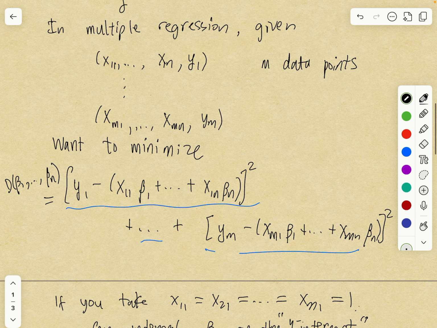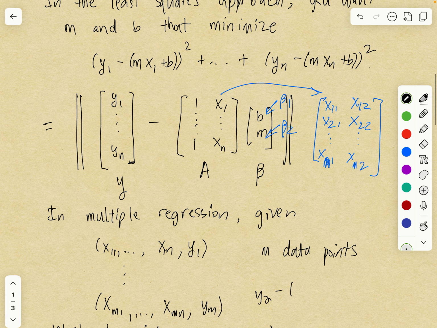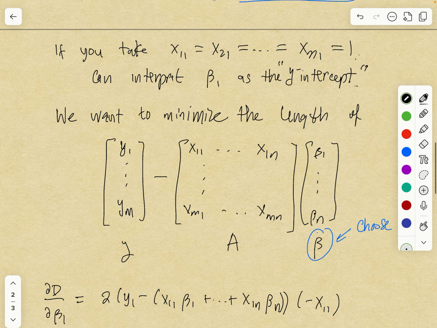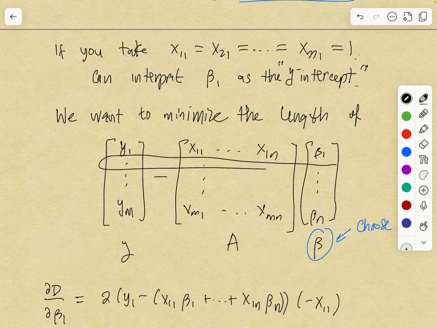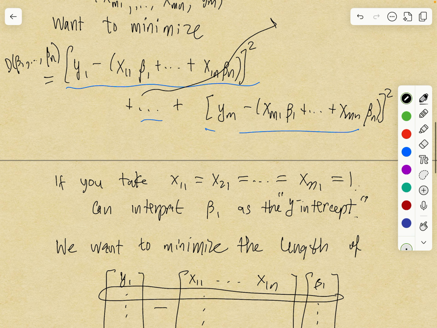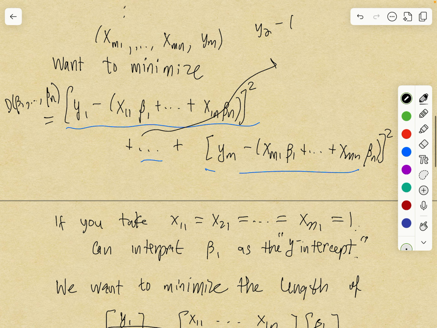Because this second term is going to be y2 minus, if you look down here, the second equation: y2 is x21 beta 1 plus dot dot dot plus x2n beta n, right? So it's that squared. That's the second term.